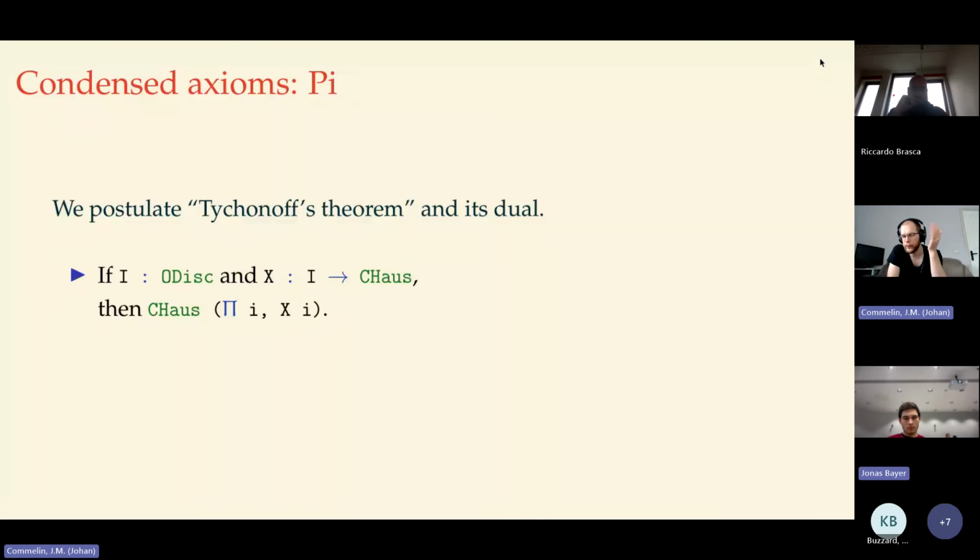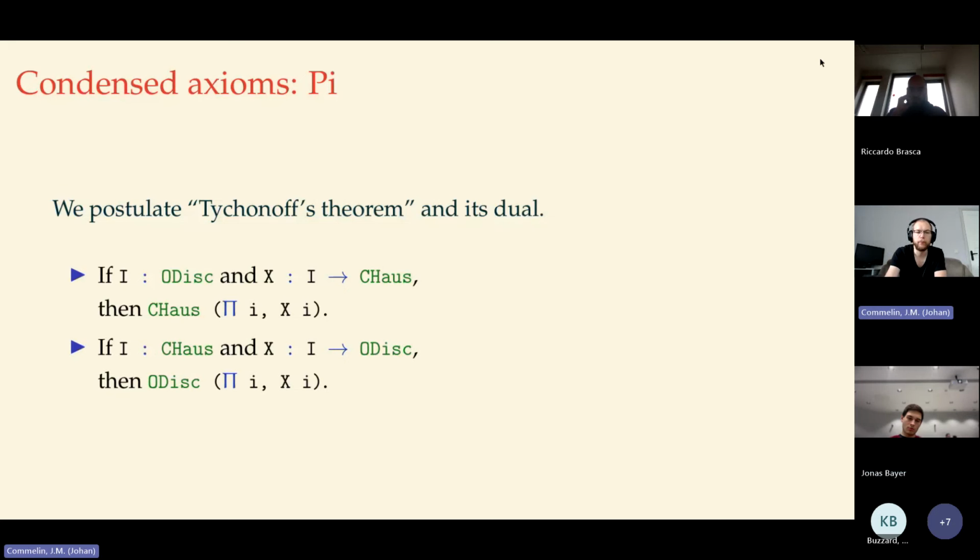And in classical topology, whenever you take an infinite product, it will always be indexed by an ordinary set. And that indexing set doesn't really carry any sort of topological structure. And that's captured by the fact that our indexing set has to be discrete in this axiom.